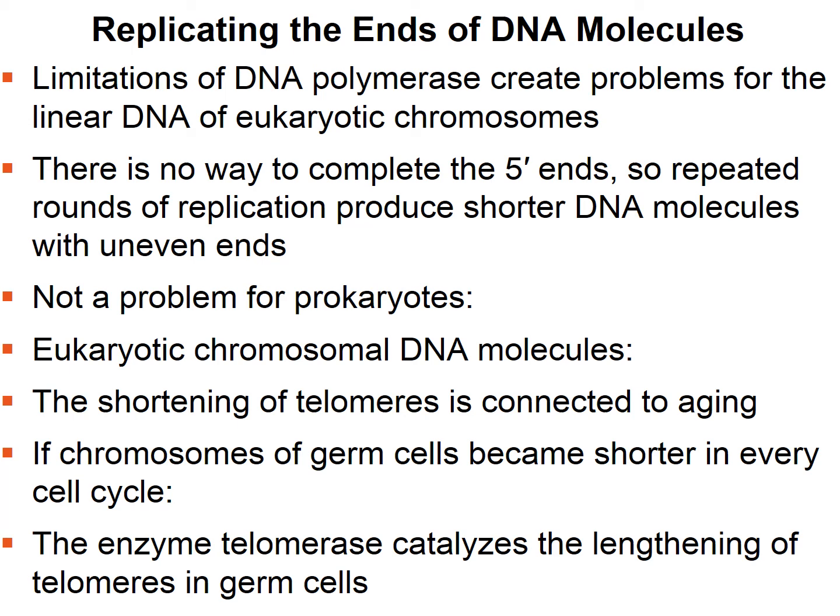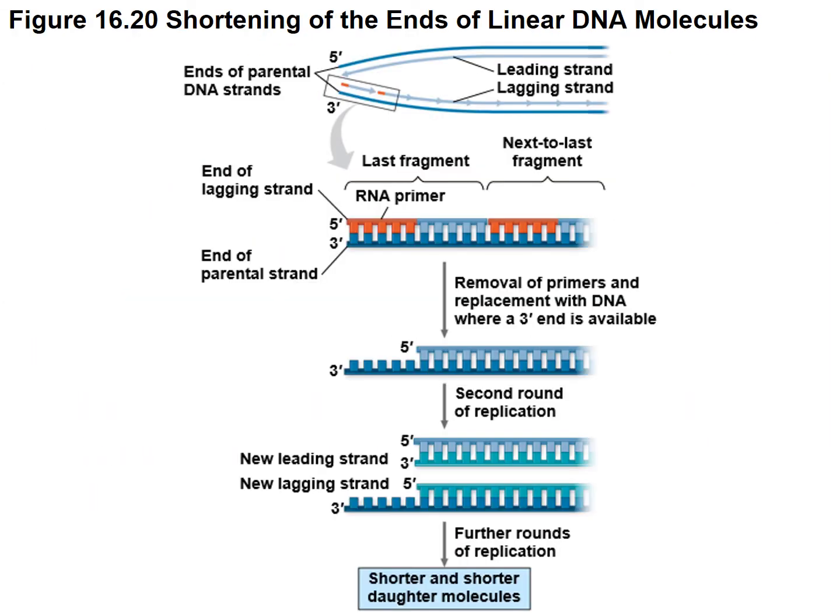If chromosomes of germ cells became shorter in every cell cycle, essential genes would eventually be missing from gametes they produce. The enzyme telomerase catalyzes the lengthening of telomeres in germ cells. Figure 16.20 shows how over time the ends of the linear DNA molecules shorten.